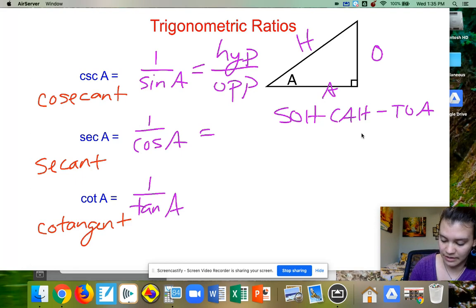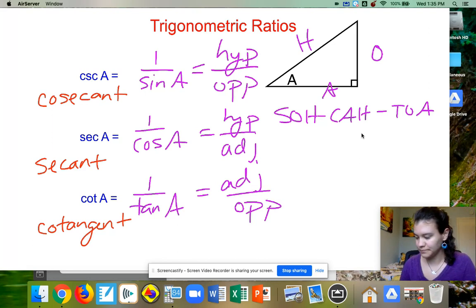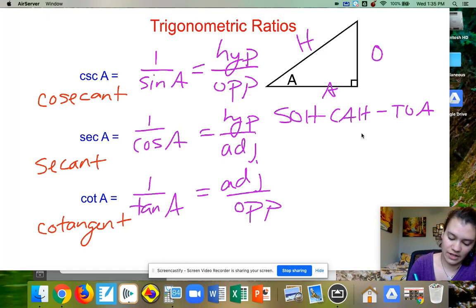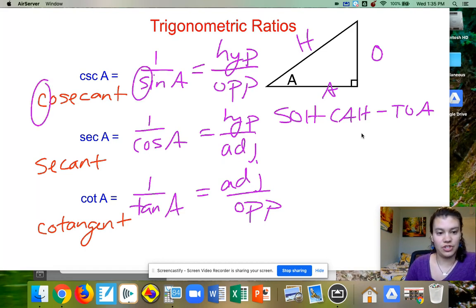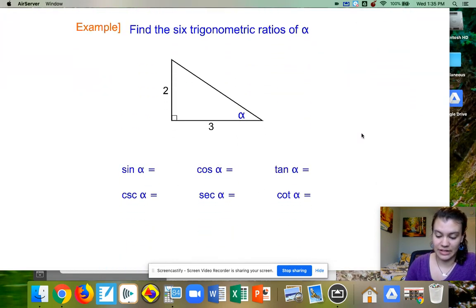Secant is the hypotenuse over the adjacent side, and cotangent is the adjacent side over the opposite side. A way I remember which goes with which is you want a C and an S for each chunk. So cosecant goes with sine, secant goes with cosine, and tangent goes with cotangent because they have the same names.